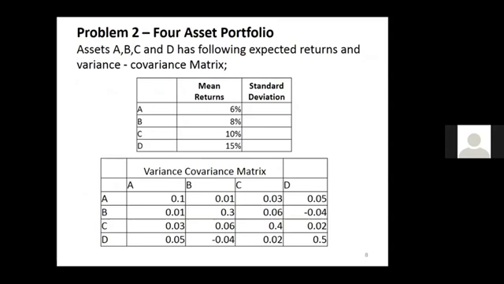Then here, indicate portfolio 2. Example 2, a four-asset case: A, B, C, D. Earlier we had 2 assets.